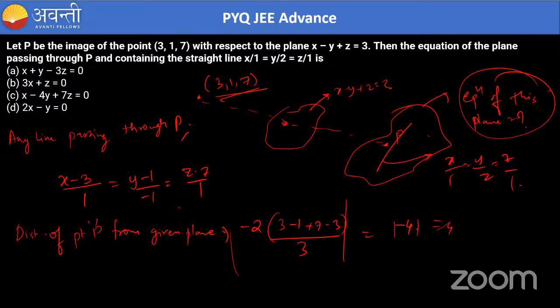Now (x minus 3) upon 1 equals (y minus 1) upon minus 1 equals (z minus 7) upon 1 will be equal to this value, minus 4.